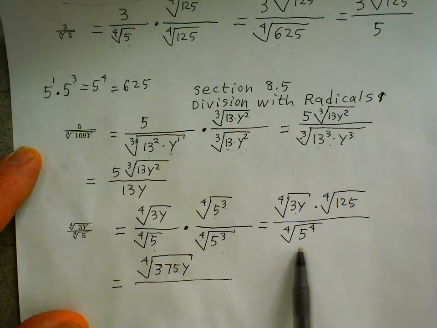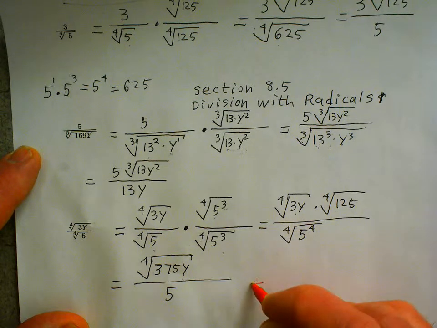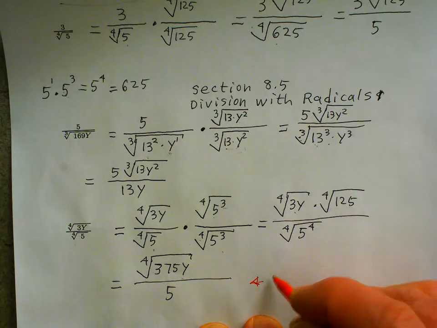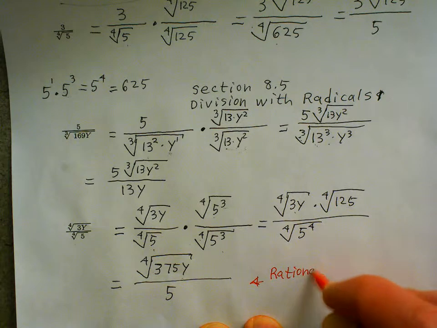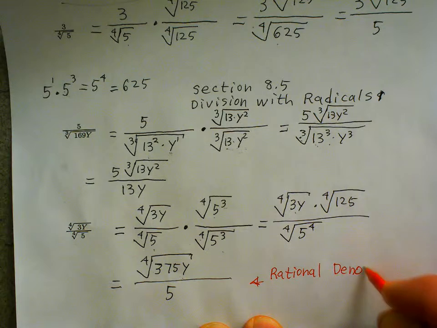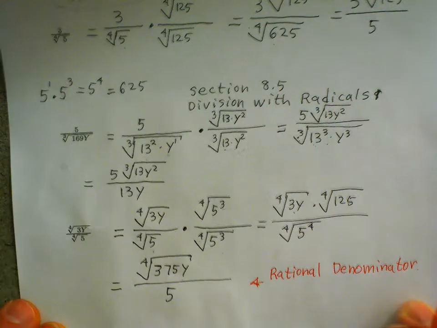And in the denominator, the fourth root of 5 to the fourth is 5. So we rationalized the denominator, meaning that the denominator is now a rational number. In other words, there's no longer a radical in the denominator.